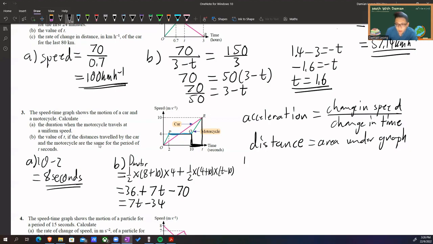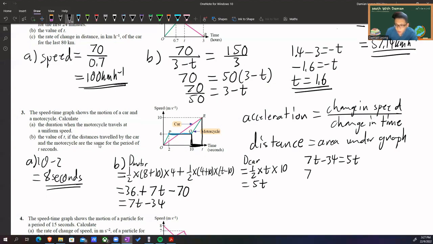Okay, distance traveled by the car is just a triangle, half times base, the t, times the height, 10. So it's 5t. So they say they will be the same, means 7t minus 34 equals 5t.